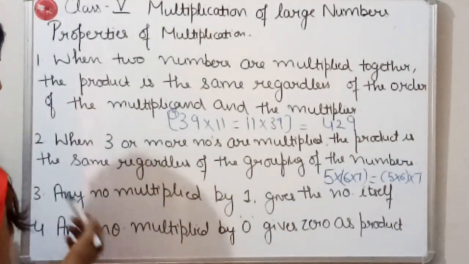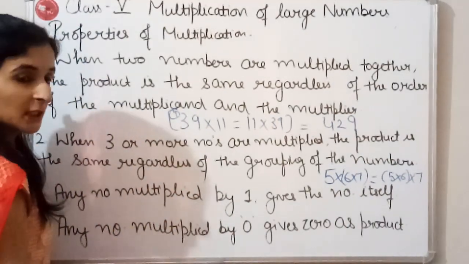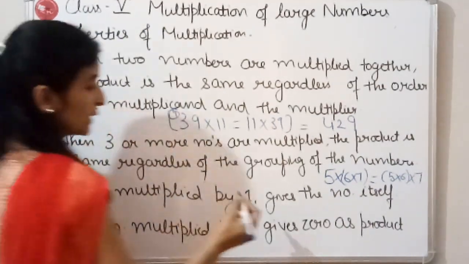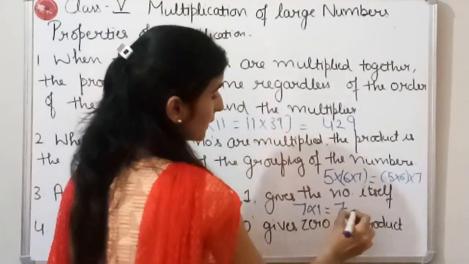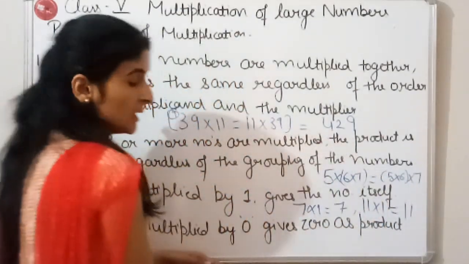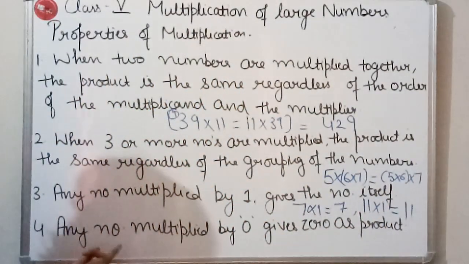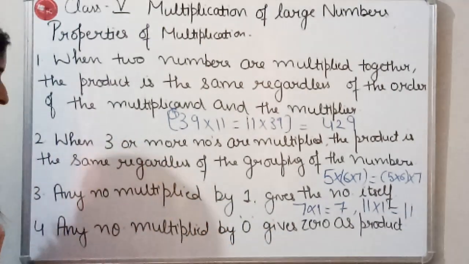Now the third property is any number multiplied by 1 gives the number itself. When you multiply 7 by 1, you will get 7 itself. 11 multiplied by 1 is equal to 11. So whenever we are multiplying any number by 1, we will get the number itself.